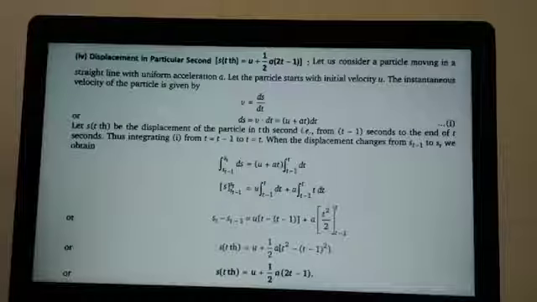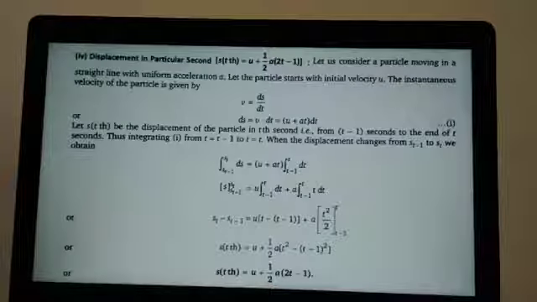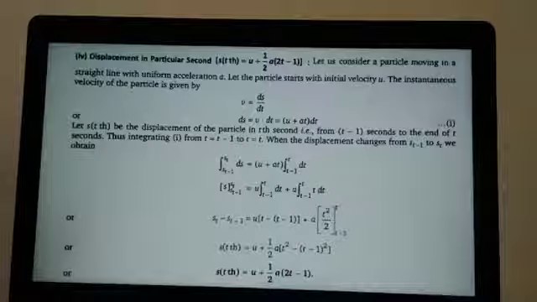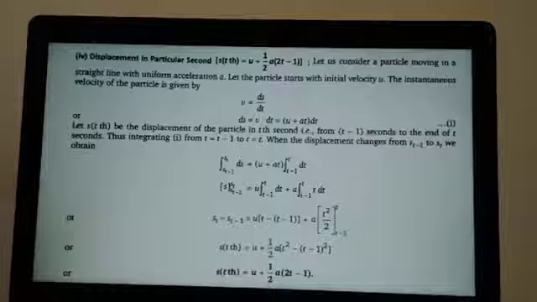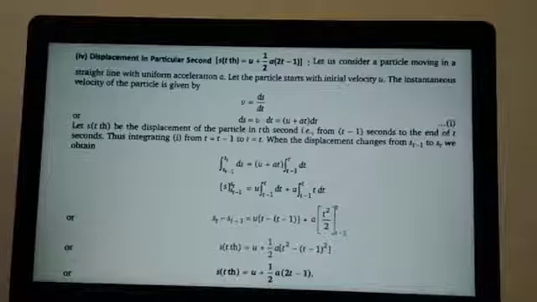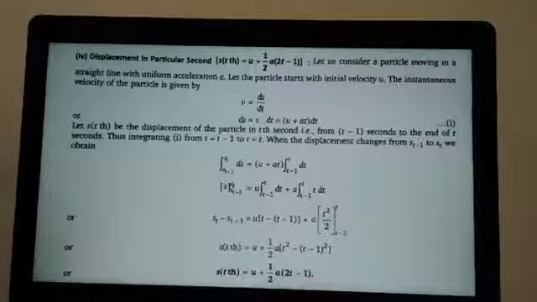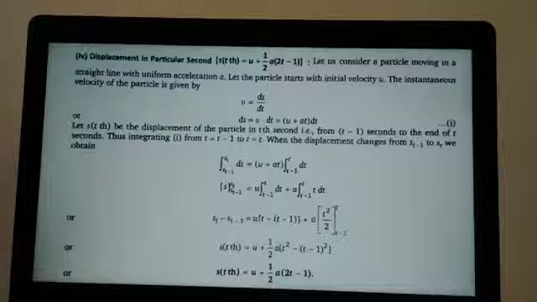So t square and minus t square cancel. The remaining term will be 2t minus 1 in the square bracket, half a is outside that.